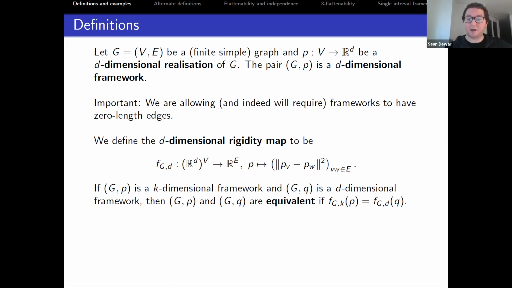We can use this to identify when two frameworks are basically the same thing. If I've got a k-dimensional framework and a d-dimensional framework, and they have the same edge lengths squared, then I'm going to say they're equivalent. Importantly, they don't have to be in the same dimension.